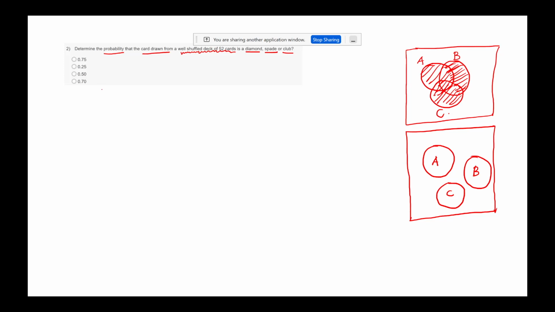So the actual formula is, let's write that A is the event of getting a diamond, B is the event of getting a spade, C is for club.